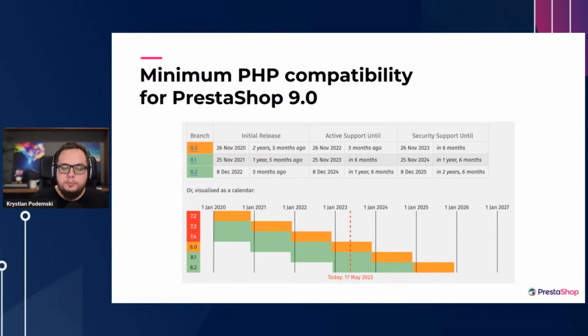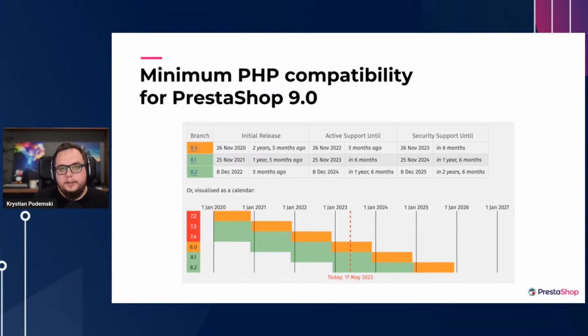we see that PHP 8.0 is basically getting abandoned in about 6 months. The two fully supported versions are only 8.1 and 8.2, and I probably don't need to tell you how important it is for e-commerce software to be secure and use recent versions of PHP.